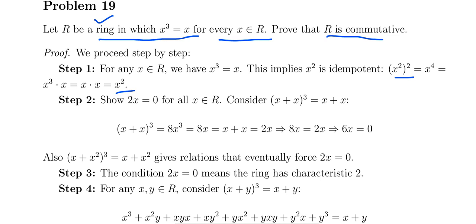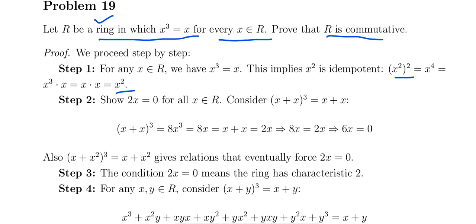And show that 2x equal to 0 for every x belongs to R, because x plus x whole cube equals x plus x. So x plus x whole cube equals 8x cube, and 8x cube is equal to 8x. From this, 8x equal to 2x, that means 6x equal to 0.